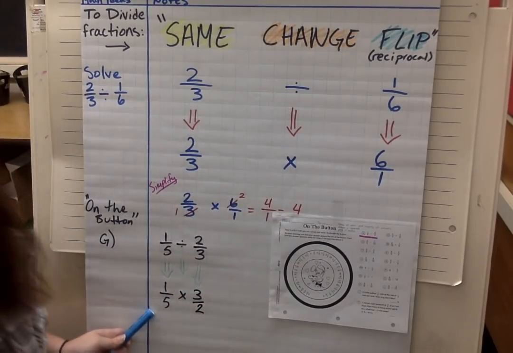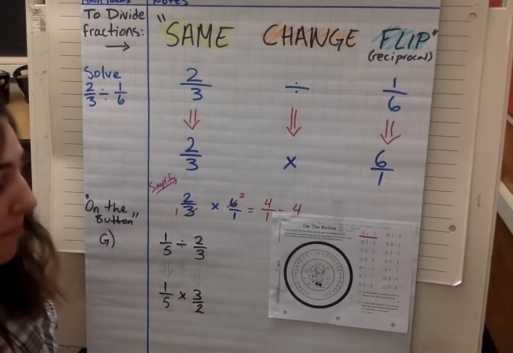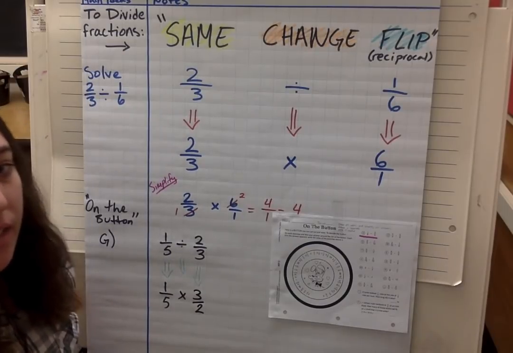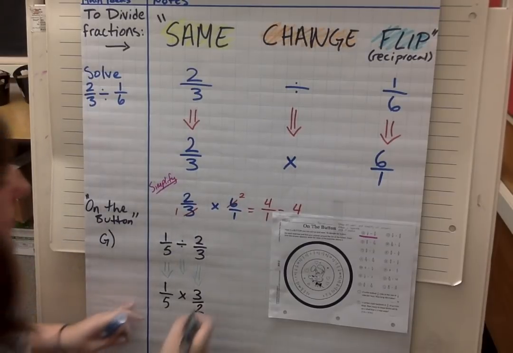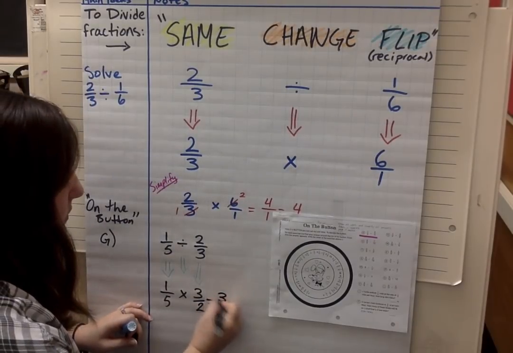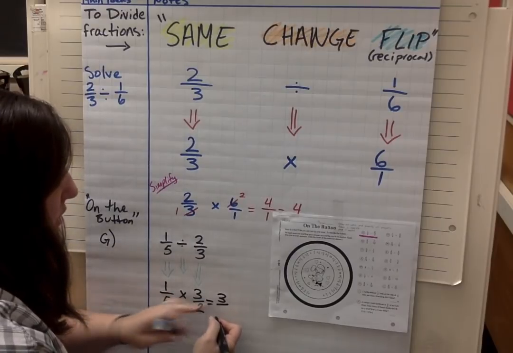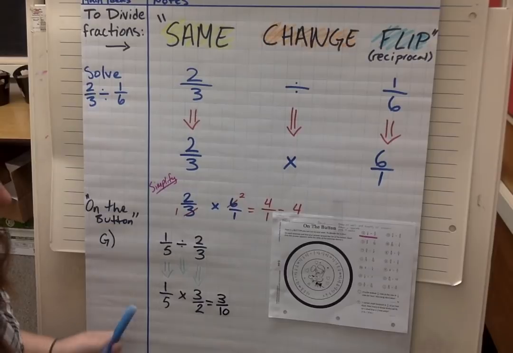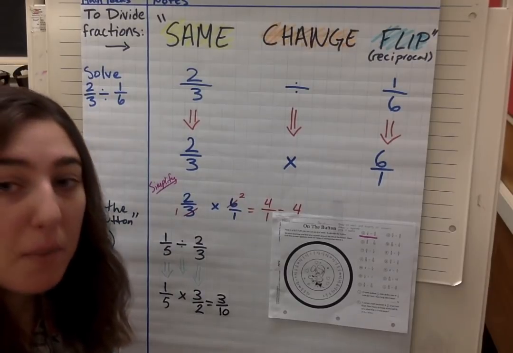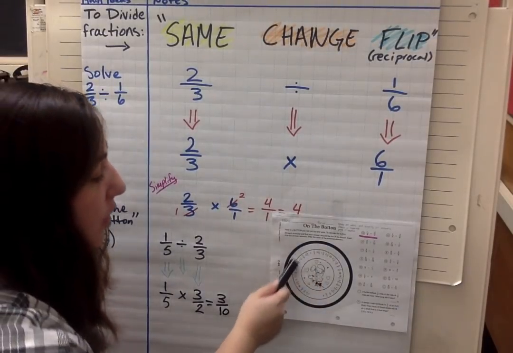Now I'm going to check, is there anything to simplify? And it doesn't look like there is. So now I can just multiply the numerators and multiply the denominators. 1 times 3 is 3, and 5 times 2 is 10. Okay, so my answer is 3/10. So now I'm going to look for that answer on the wheel over here.